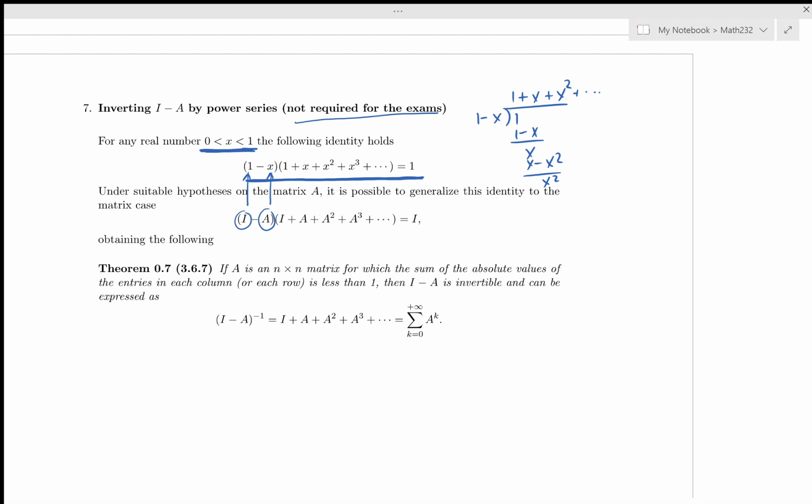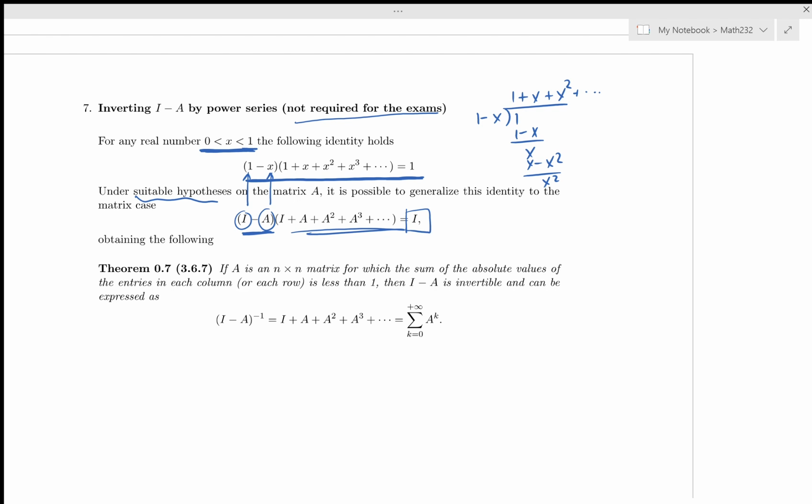Okay, and there's a little bit of a caveat here. There need to be some suitable hypotheses on the matrix. Again, we see that we've got a product of one thing with another, and it is equal to I. So these things are inverses of one another. The inverse of I minus A is an infinite power series of the matrix.